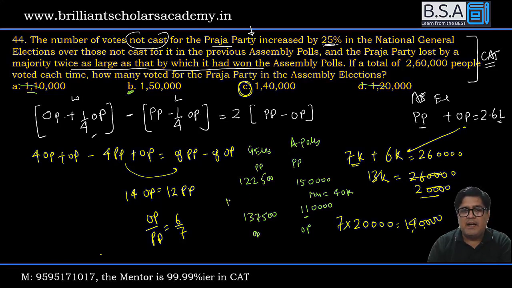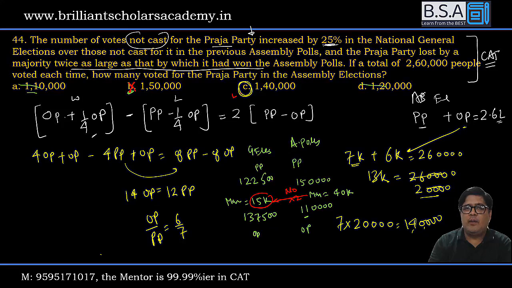What is the margin here? 137500 minus that is 15,000. Is the margin getting doubled? ये जो left side में ये जो margin है, is this margin actually double of the previous margin? It is not. तो ये option भी eliminate हो गया.